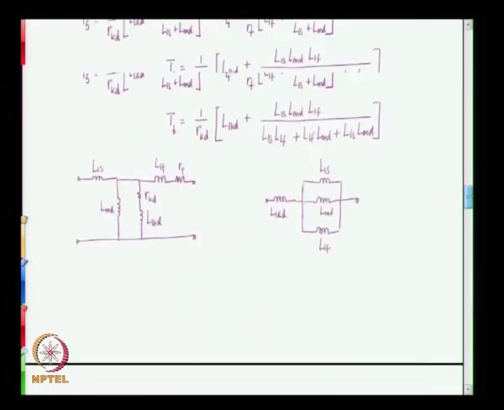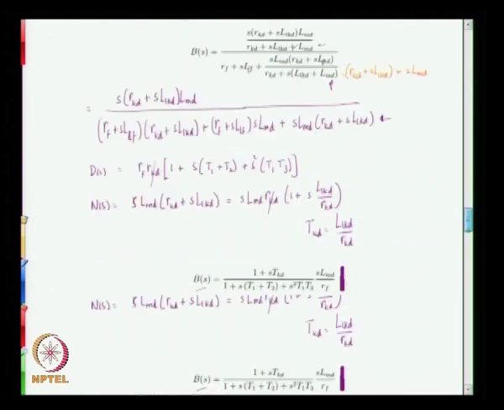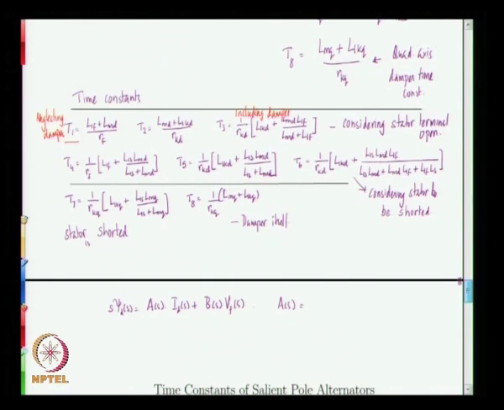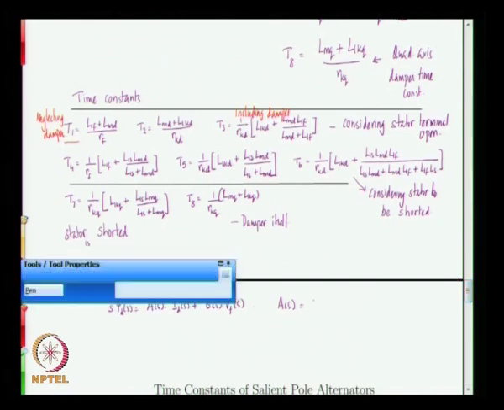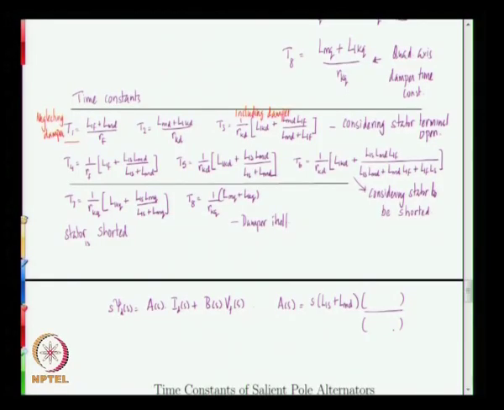So let us look at the expression A of S. It was S times an inductance, which is nothing but LLS plus LMD, multiplied by a second order expression in S divided by a second order expression in S.